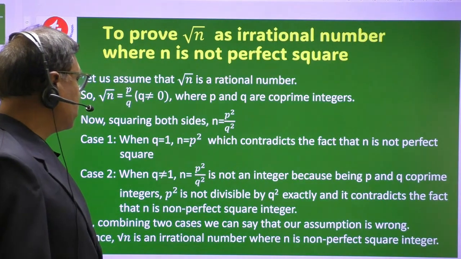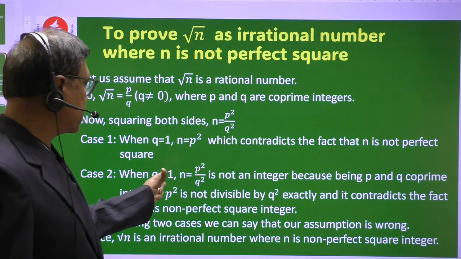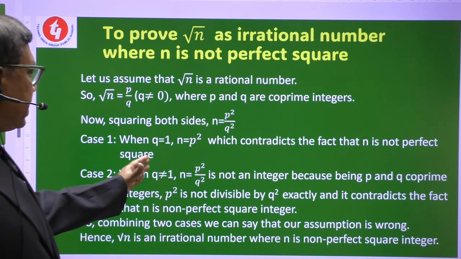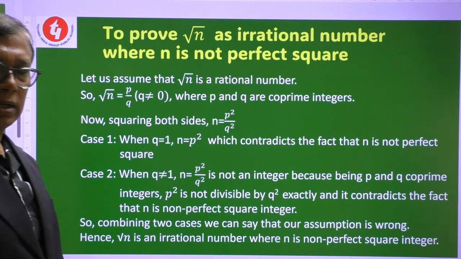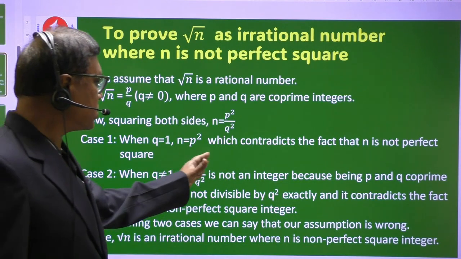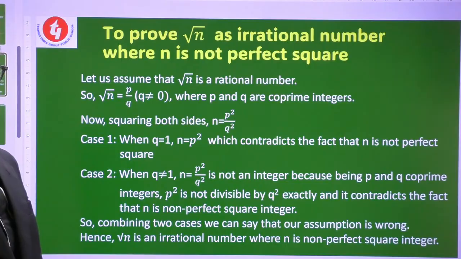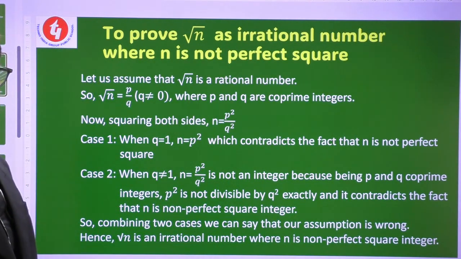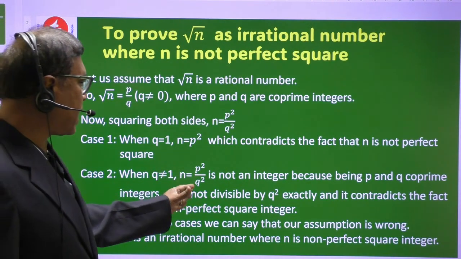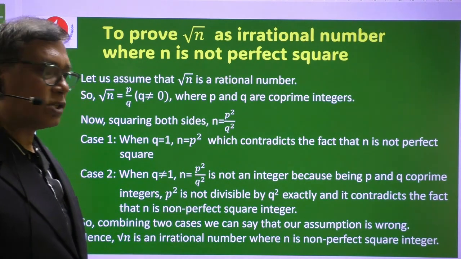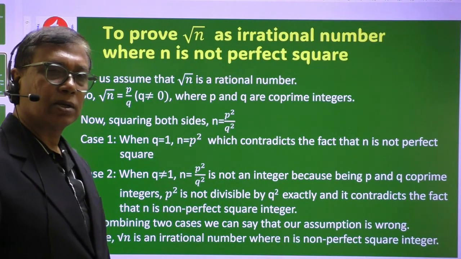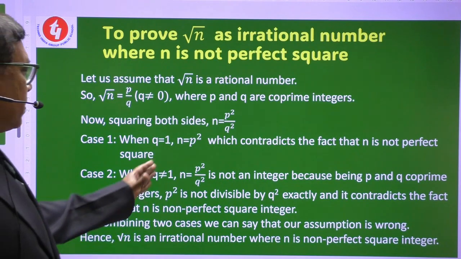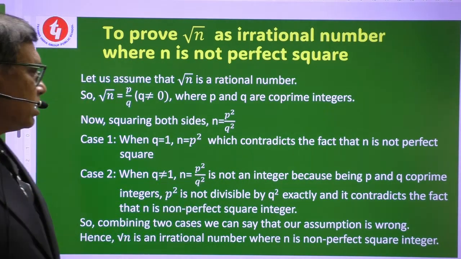Now case 2, when q not equal to 1, then n equal to p square by q square. It is not an integer. Why not an integer? Because p and q are co-prime. Since p and q are co-prime, p square is not divisible by q square. Yes or no? p square is not divisible by q square.